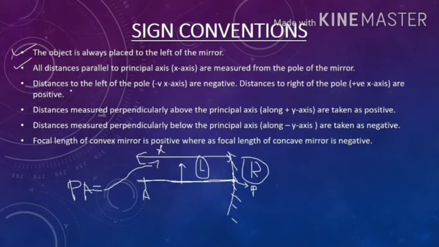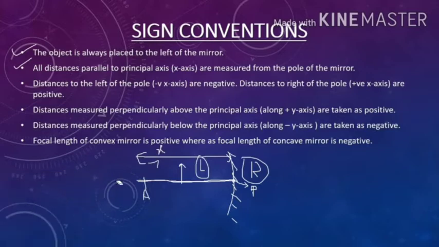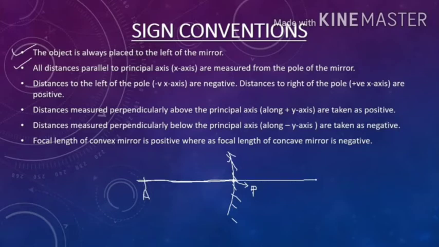The third one is: distances to the left of the pole are negative. Let me extend this in this direction also. This is the left of the mirror and this is the right of the mirror. Distances to the left of the pole are on the negative axis, and this is the positive x axis.